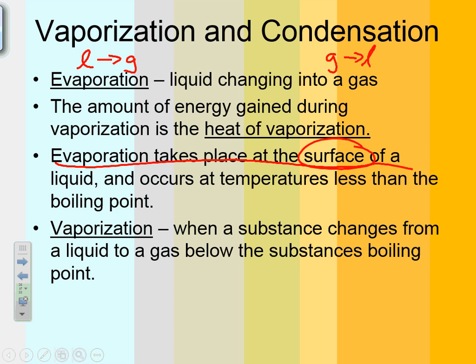All right, and we're not going to study too much about vapors or vaporization, but vaporization is when a substance goes from a liquid to a gas below the boiling point. What's a common substance that has a vapor? Some of you guys might like the smell of this vapor. You guys ever pump gas, or your parents have pumped gas and you're sitting in the car and you smell gasoline?